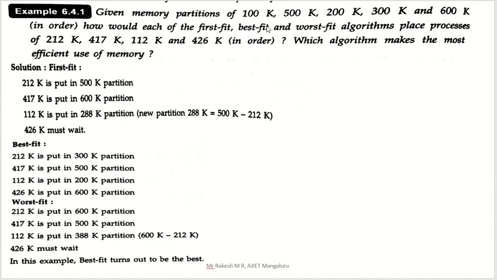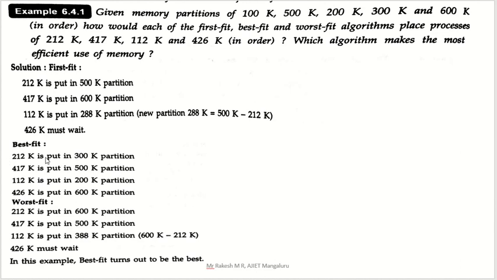We can't add it in 100. In 500 we could, but we already used 500. We can't put it in 200 or 300 because they are too small. In 600 we could put it, but 600 is already used. So 426 must wait. Then go for best fit.